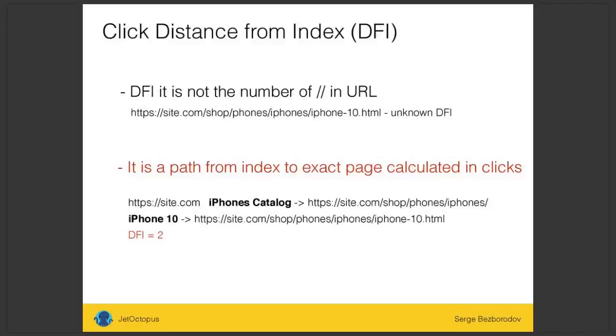It is the exact path from the index to the page calculated in clicks. In the example, the page has DPI 2 because from the index it is catalog, the first click, and then you go to the product page, which is iPhone 10. So DPI is the exact path calculated in clicks from the index page to the exact page.